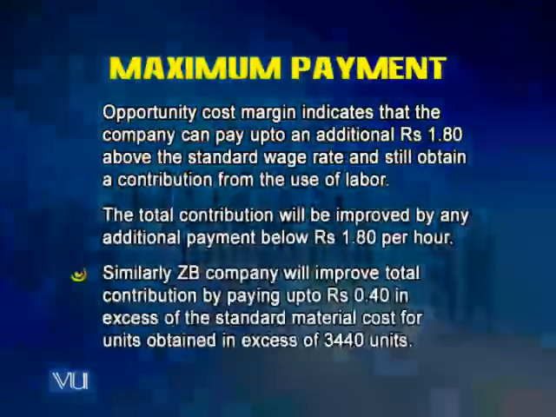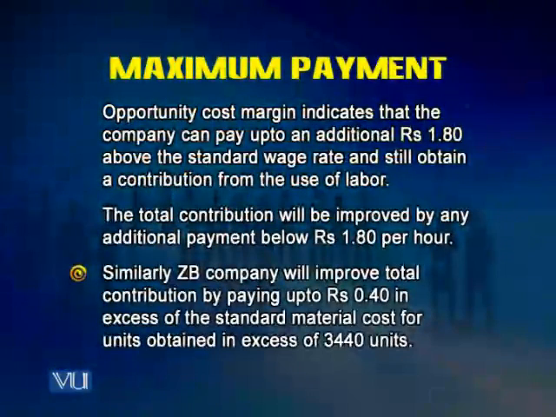Labor will be making some kind of a contribution. Similarly, ZB company will improve total contribution by paying up to 0.4 in excess of the standard material cost for units obtained in excess of the 3,440 units.